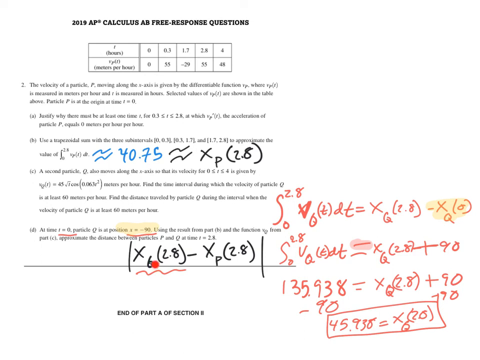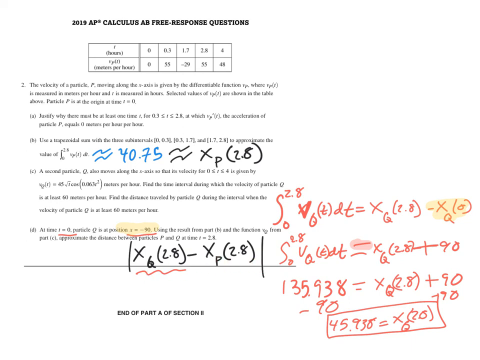Okay, remember, that's not our answer. We're trying to find how far apart they are. Well, now I know what 40.75 is. That's my first position, the position of particle P at that time. And now I know the position of particle Q at that time at 2.8. That says 2.8, even if you can't read my handwriting. So to find the distance between them, I just subtract the smaller from the bigger, which actually works out how I wrote it.